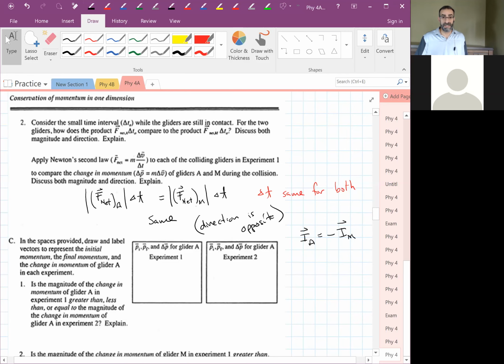We're going to start with vector addition. So the change in momentum is final minus initial. And these are vectors, so I can do the vector addition. So for experiment 1, the initial, well, there's not a lot of room here, is there?